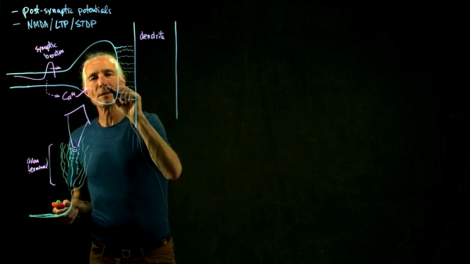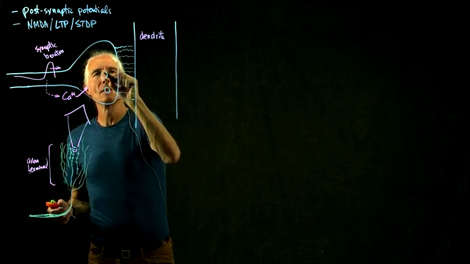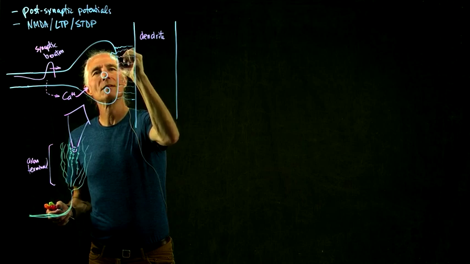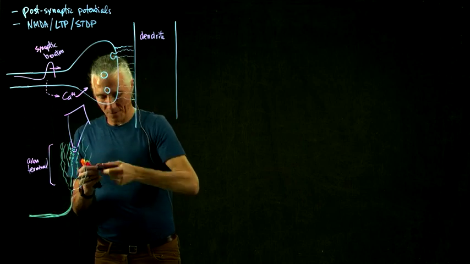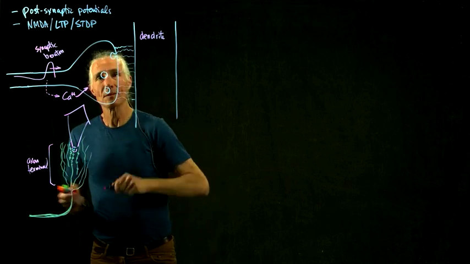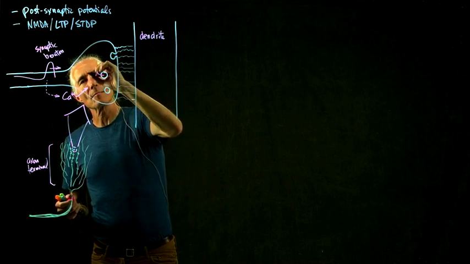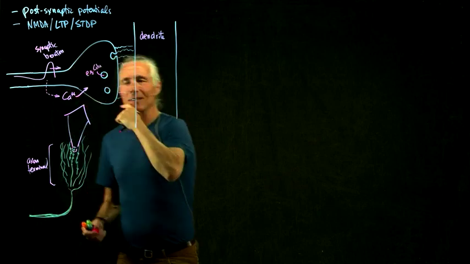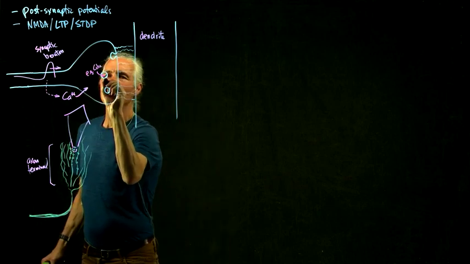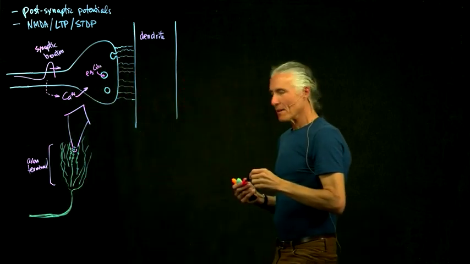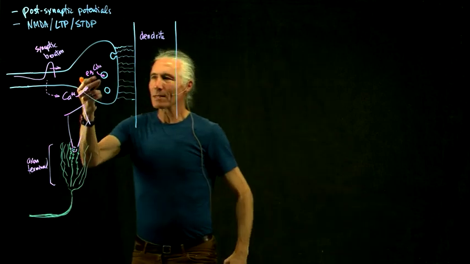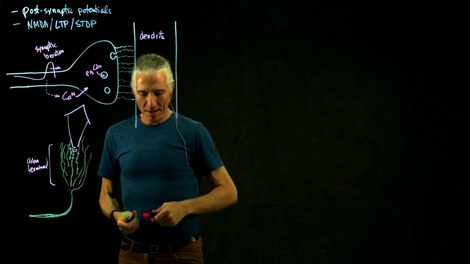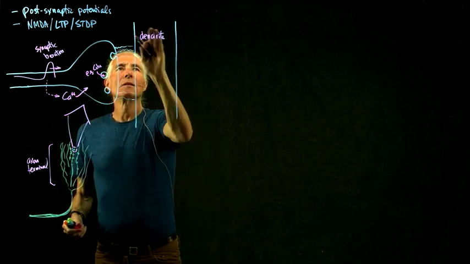The neurotransmitter is in these little vesicles. And here's one that just fused. The neurotransmitter is inside here, for example, glutamate is packed inside there. When the calcium rushes in, it causes one of these vesicles to fuse with the membrane. And then what does that do?